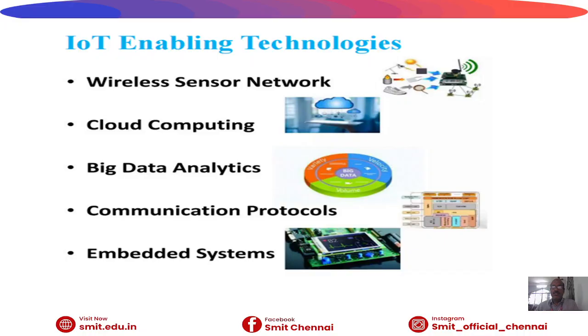All these sensors, be it temperature sensor, fire sensor, gas leak sensor, humidity sensor, or soil moisture sensor, need not be connected through wires. Everything should be in a network wherein all are connected wirelessly. That's what a wireless sensor network is.